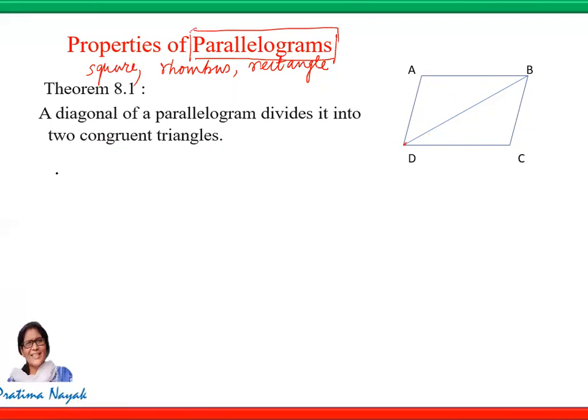I am taking triangle ADB. We have finished congruency in triangle. In triangle ADB and triangle BDC, you can recall the congruency. It is SSS, sides are equal, side, angle, side.